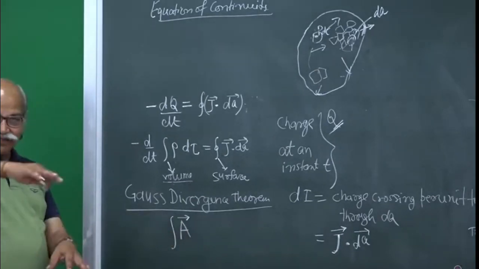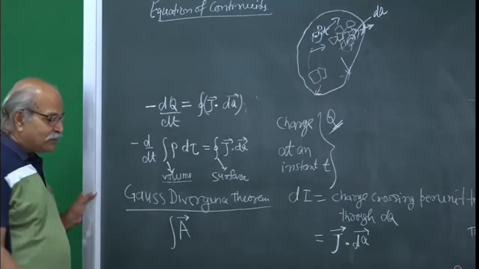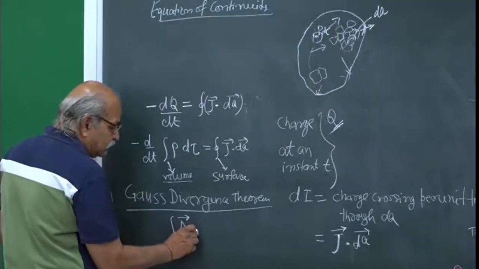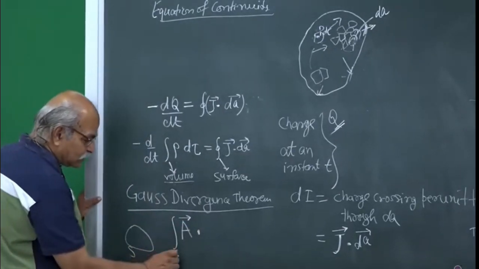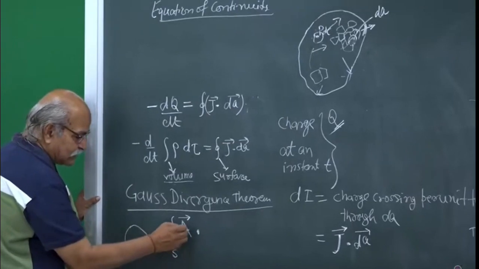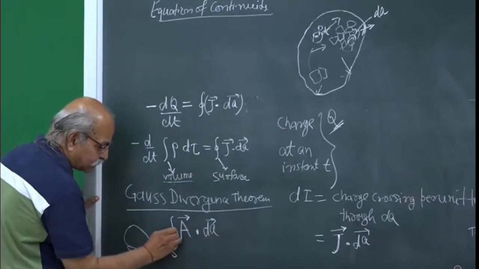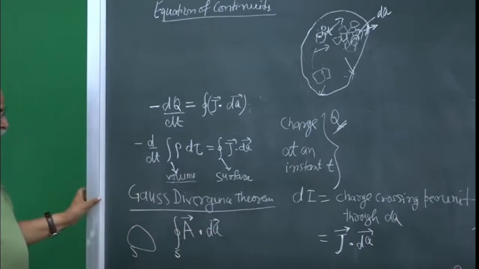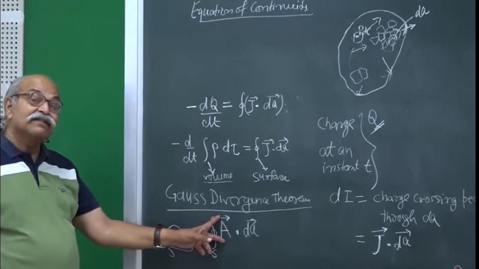At different locations, the magnitude and the direction of this vector can be different. And then you have a closed surface S, and on that surface you are integrating A dot dA. There is some vector A which depends on space points, we call it a vector field.